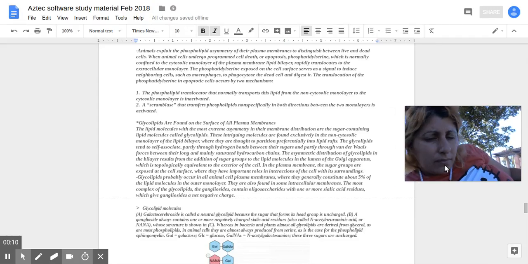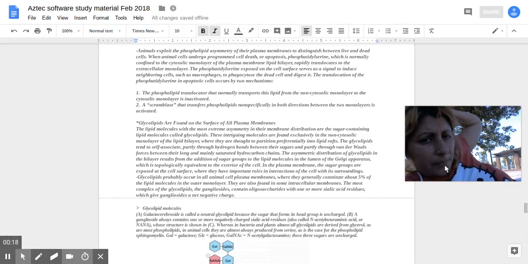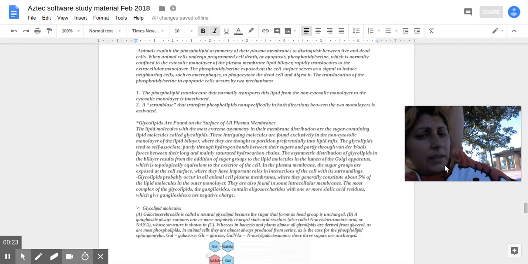So, animals exploit the phospholipid asymmetry of their plasma membranes of cells. Asymmetry means the two monolayers of the bilayer are not the same.